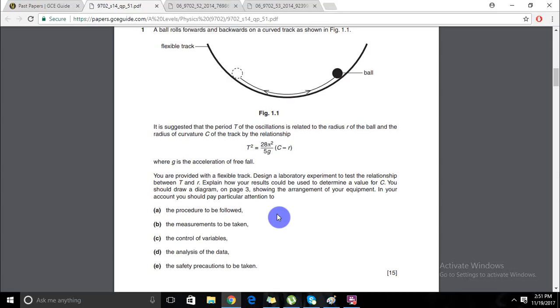The ball might likely be heavy, and so you want to maintain a distance, so in case the ball falls off, it doesn't hit you. A screen might be helpful. Another thing is that we want the ball to follow the same trajectory, and therefore we have to release it carefully. All of this should be within the 15 marks given.